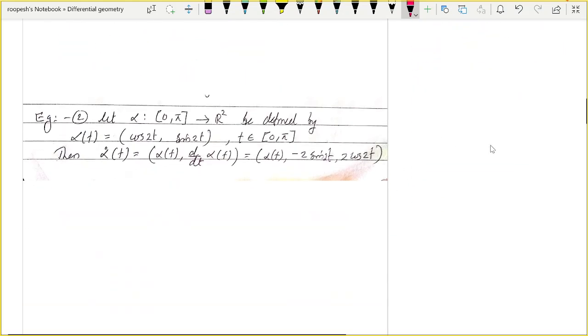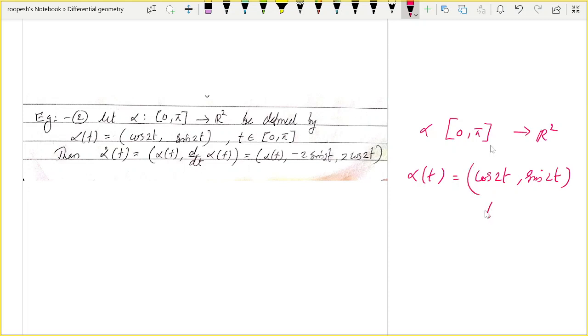Now an example. Let alpha from the closed interval 0 to pi to R^2 be defined by alpha of t equal to (cos 2t, sin 2t), where t belongs to the interval 0 to pi.